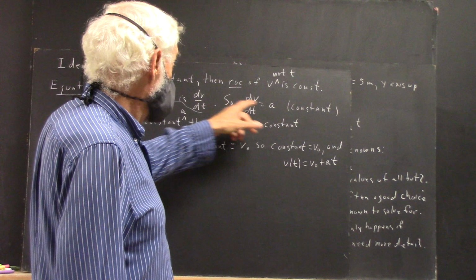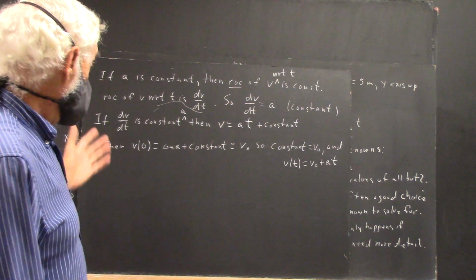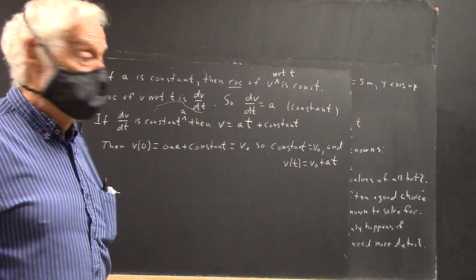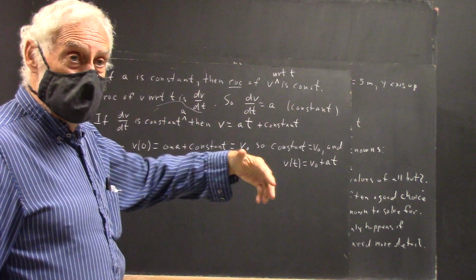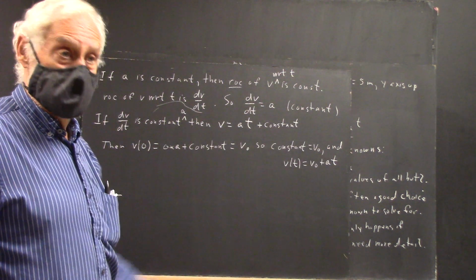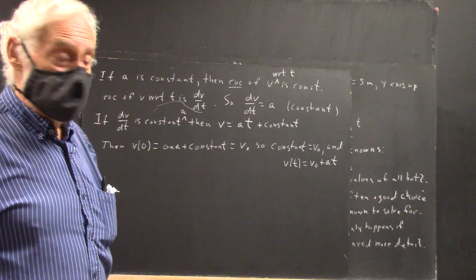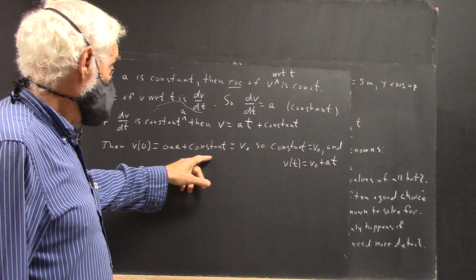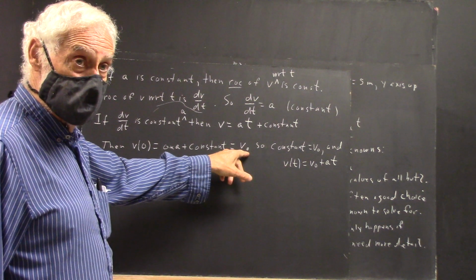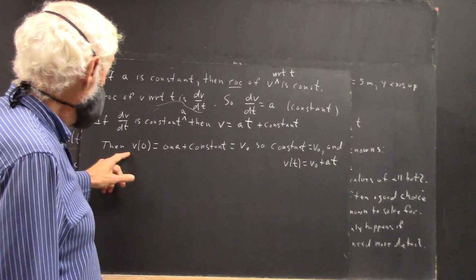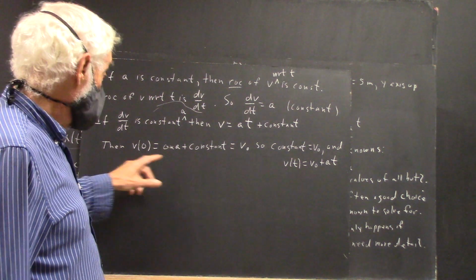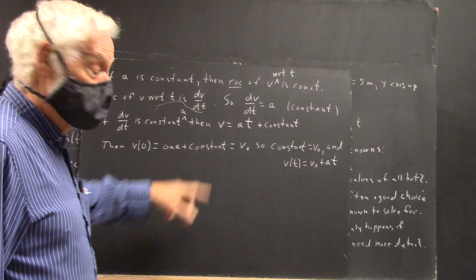This is something you solve by integrating. You just integrate A with respect to t, and you get At plus an integration constant. You interpret the integration constant as your initial velocity. Your integration constant is v of 0. If you plug 0 in, that's all you're left with.